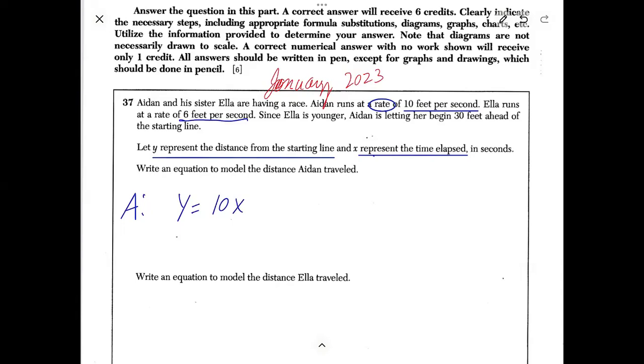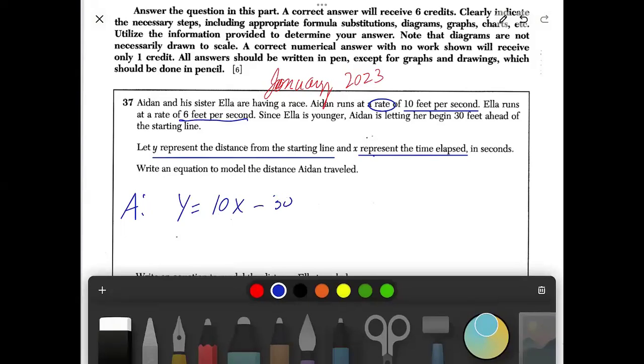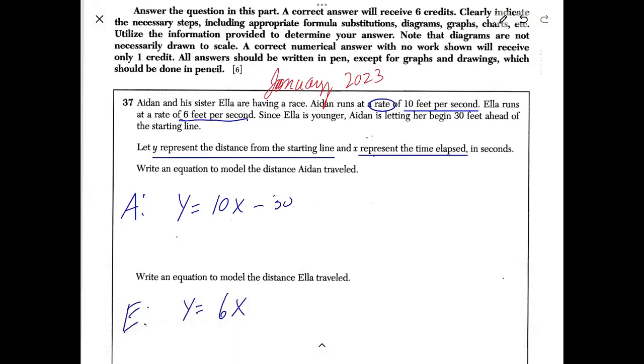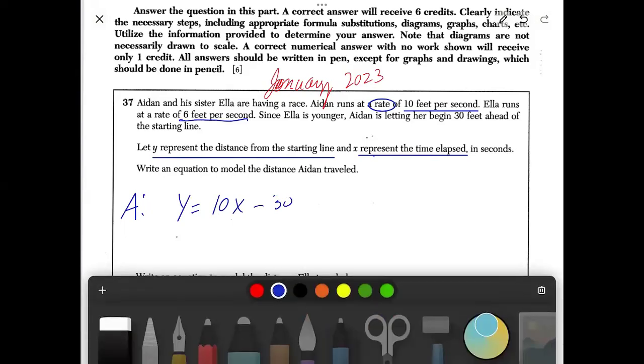And then I'm going to say his sister, Ella, she has an equation of 6 feet per second, but she gets a head start. So that means she's going to be 30 feet in front of her brother. Now I could either make this minus 30 or make this plus 30. It doesn't matter. I could have said Aiden is starting at a deficit of 30 feet behind.